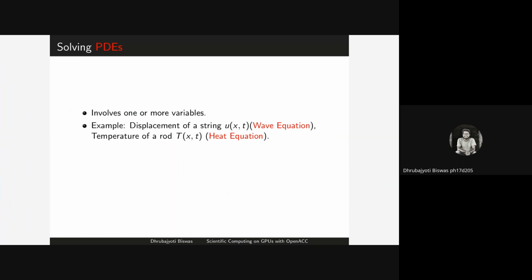These are all PDEs, and for such a case you need to give it the initial condition and the boundary condition. And PDEs, such differential equations, will have derivatives, and these have to be discretized using what are called the finite difference schemes.